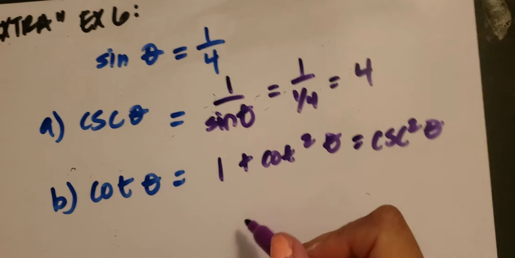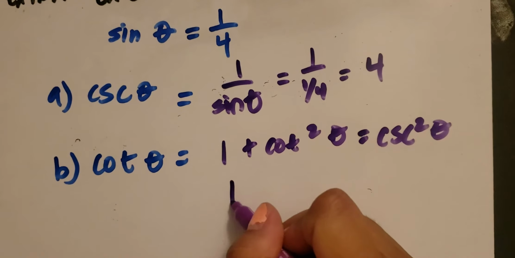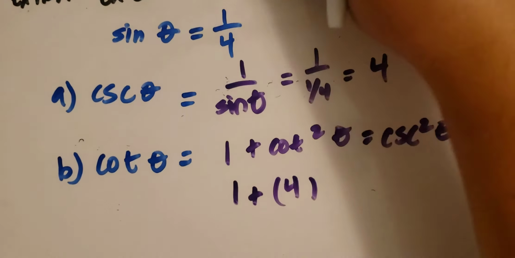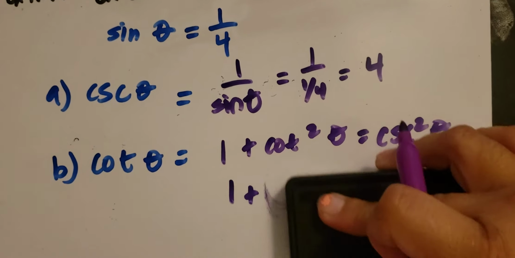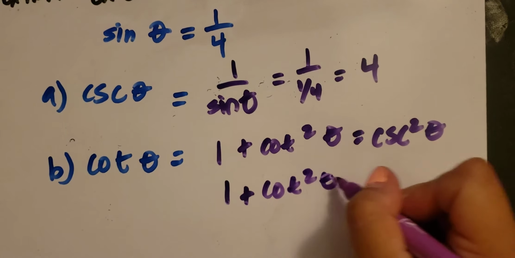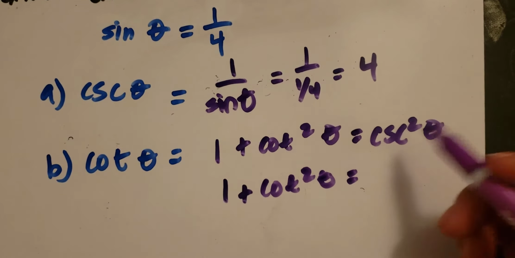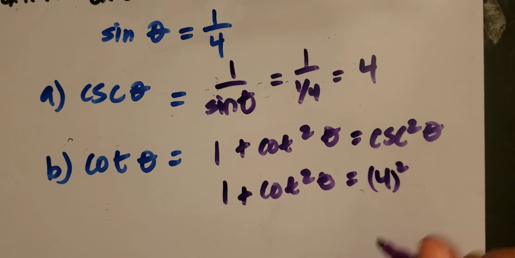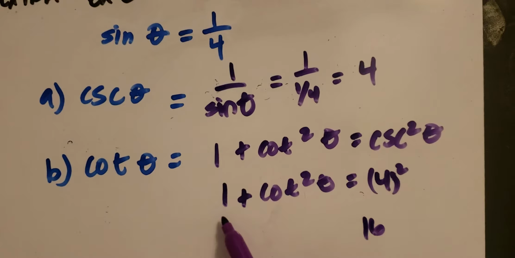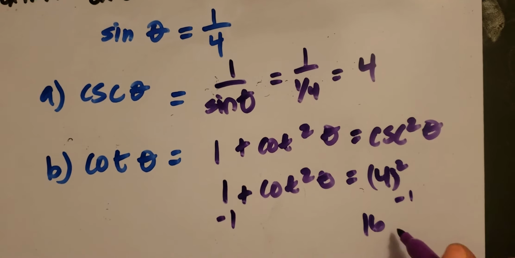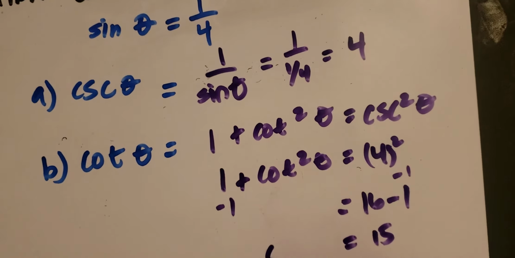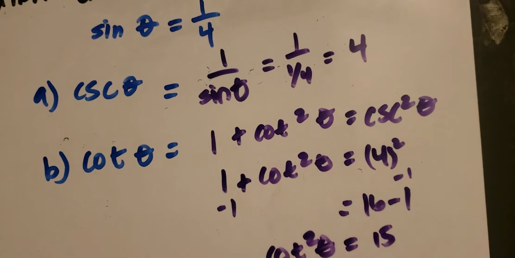Sorry, I got ahead of myself. Cotangent squared theta, and cosecant is 4, so that's 4 squared. This would be 16, and I'm going to subtract 1 from both sides. So 16 minus 1 is 15, and this is cotangent squared theta.